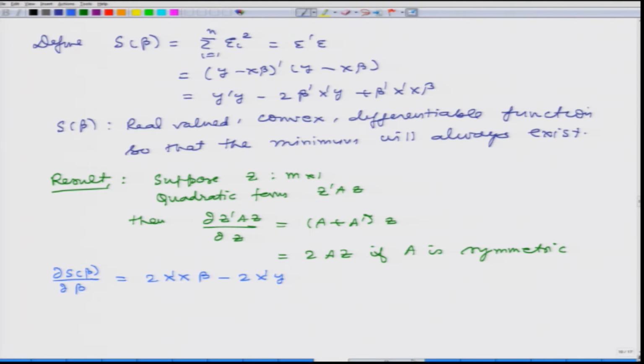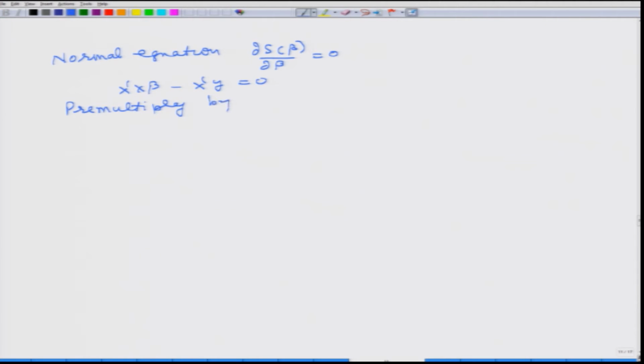So, from here I can obtain the normal equation by setting the partial derivative of S beta with respect to beta equal to 0, right. So, we have the equation X transpose X beta minus X transpose y is equal to 0. What we do here is pre-multiply by X transpose X whole inverse.